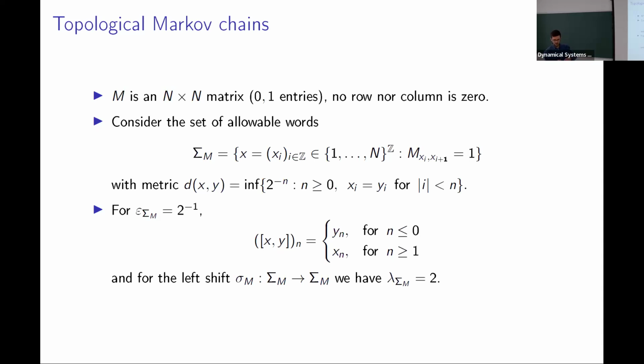And you can do this because they agree at 0. The left shift map, you shift to the left, it's a homeomorphism, and it expands and contracts the stable and unstable sets that are defined from the bracket map by a factor of 2.